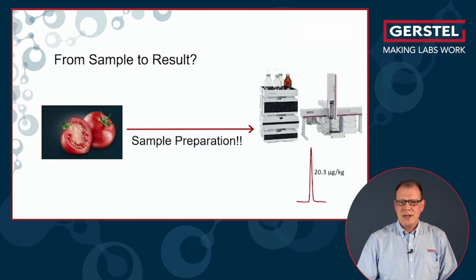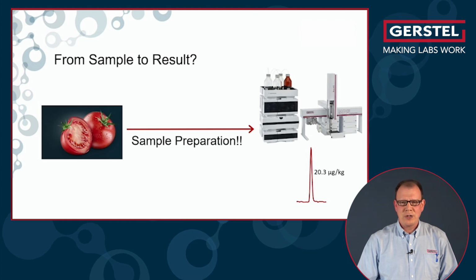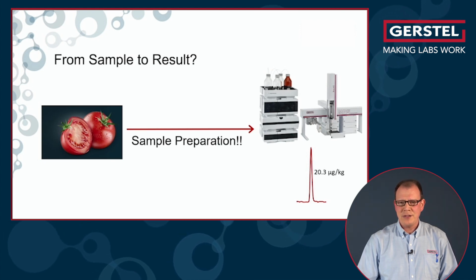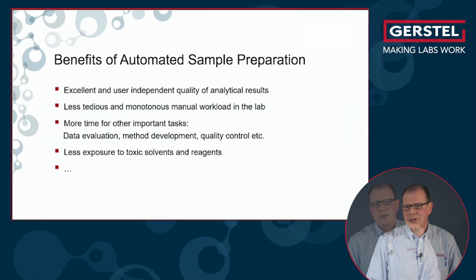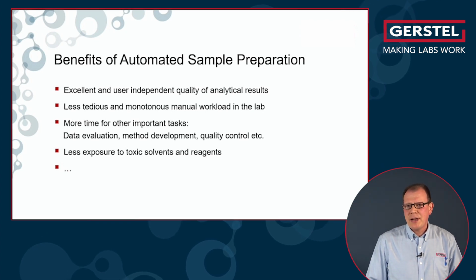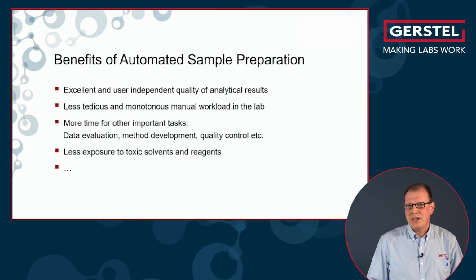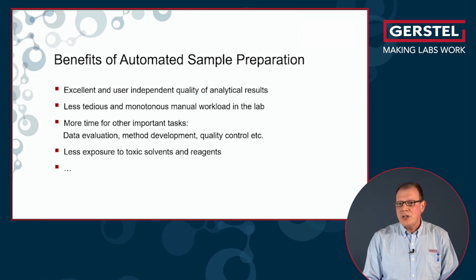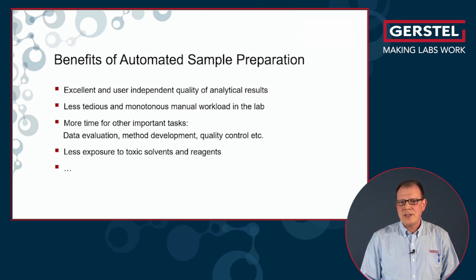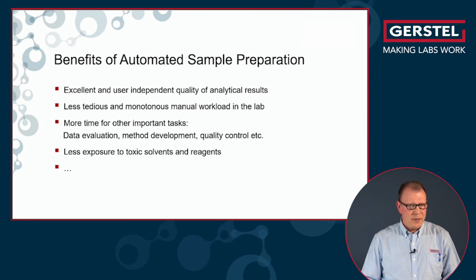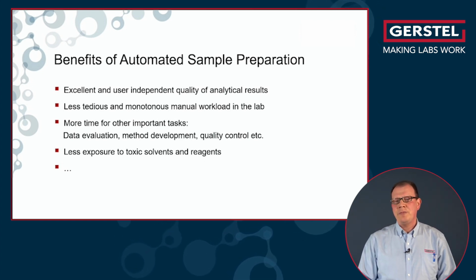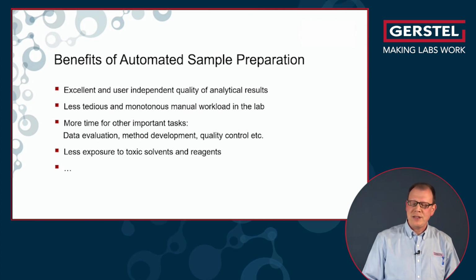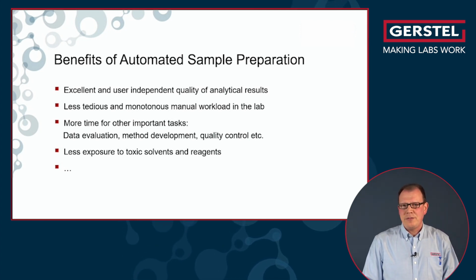This sample preparation is normally done manually. And as we already said a couple of times, we would like to talk today about automating this sample preparation. For example, you get very good and excellent and also user-independent quality of the analytical results. Additionally, the work is less tedious and monotonous for the lab personnel, and the people in your lab have more time for other important tasks like data evaluation, method development, quality control, and so on.